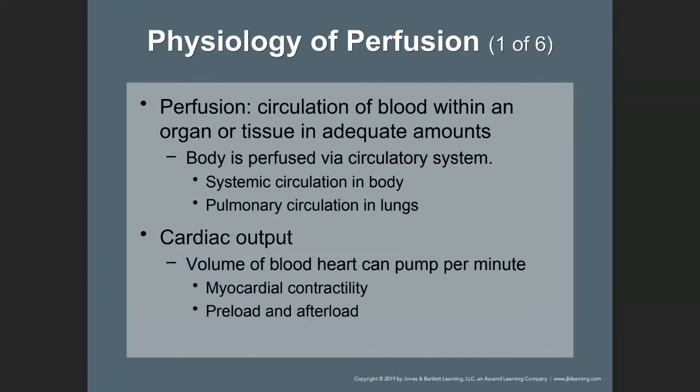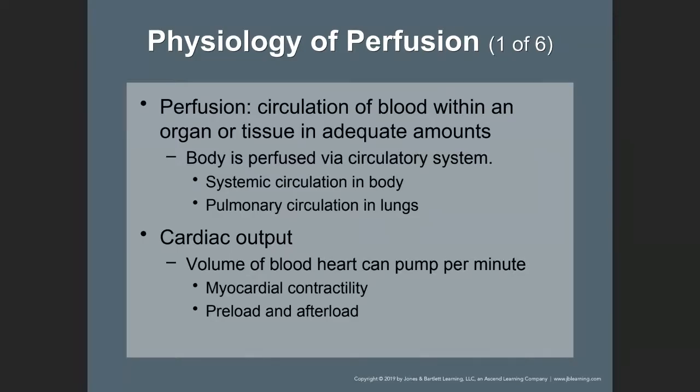Cardiac output. The volume of blood the heart can pump per minute, that's what is referred to as cardiac output. And cardiac output is influenced by myocardial contractility, preload, and afterload pressure.